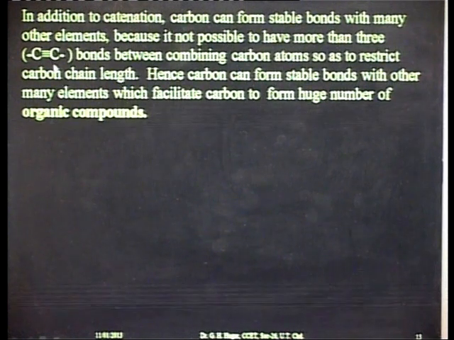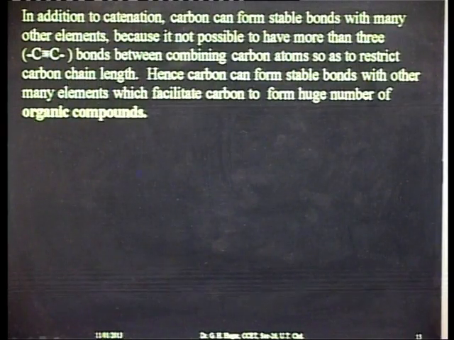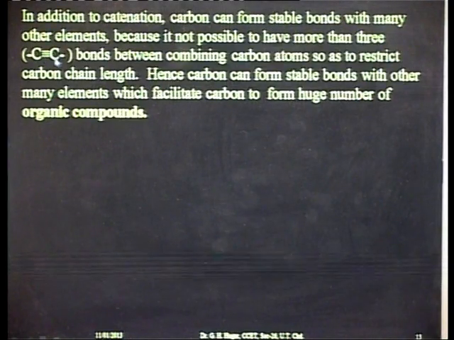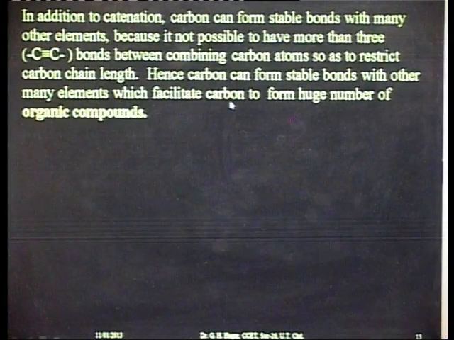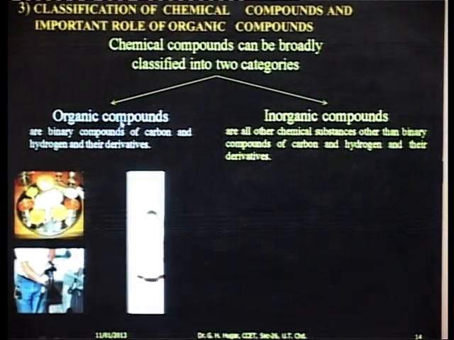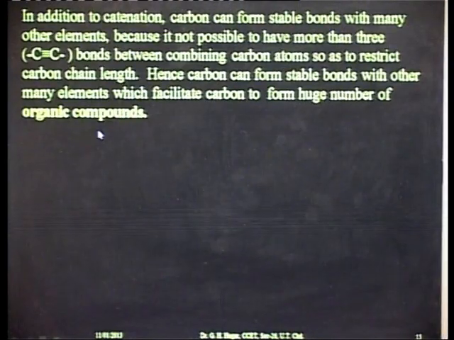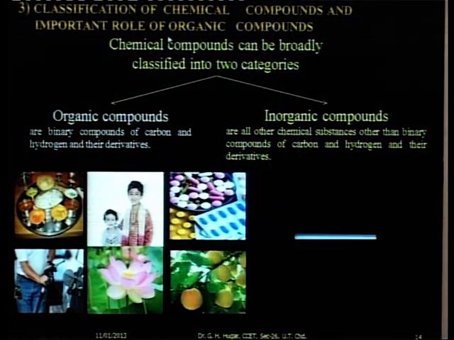If we want to restrict the chain length to only 2, the maximum possible bonds is 3, and the fourth must be with some other carbon atom or some other element. Hence carbon can form bonds with many other elements, which facilitates the formation of a huge number of organic compounds. Today we are going to discuss in detail how organic compounds are classified.